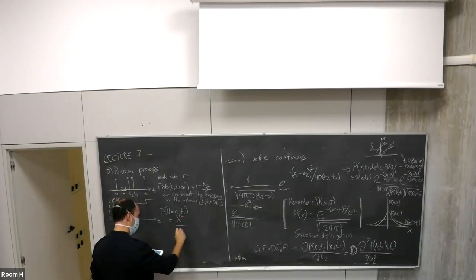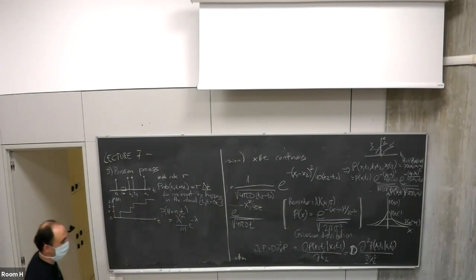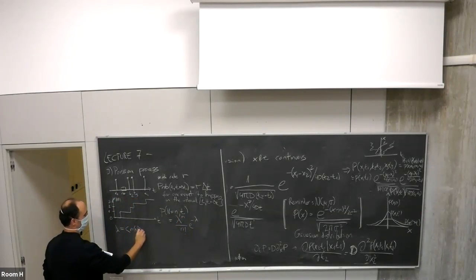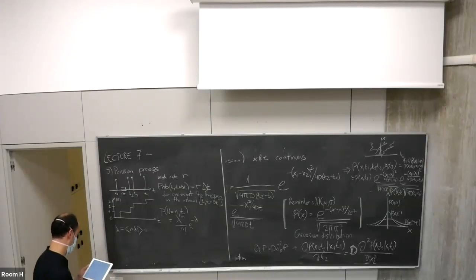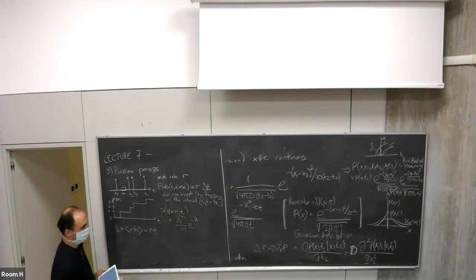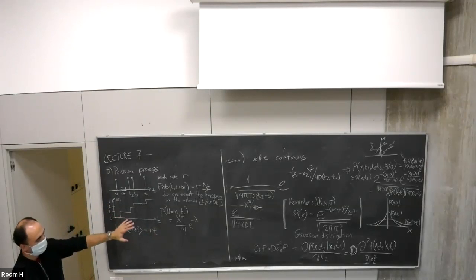Okay, this is in all the books. And lambda here is the average number of events in a time t. And what is this? This is nothing but RT. In this context, lambda is RT.